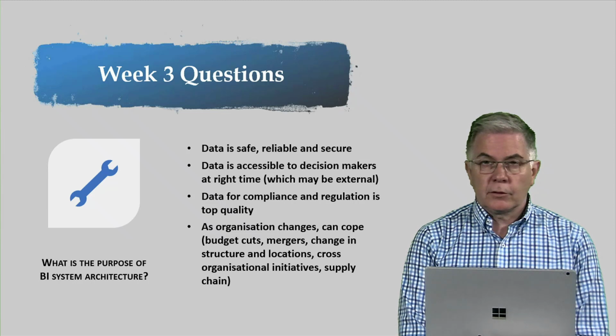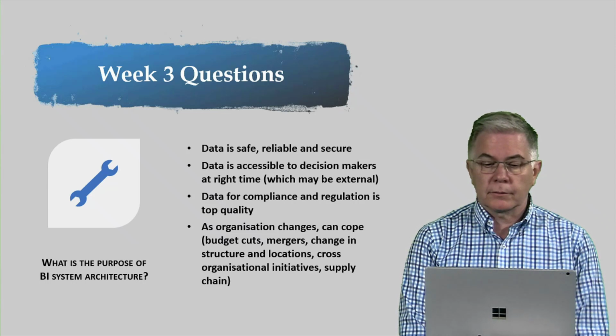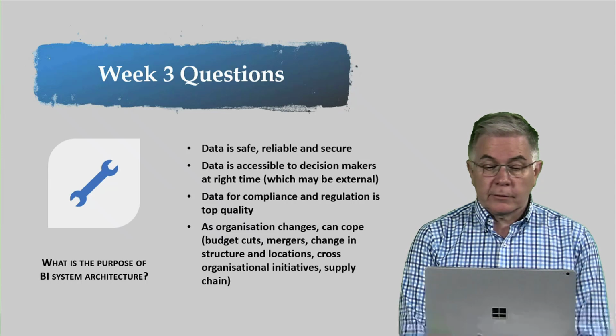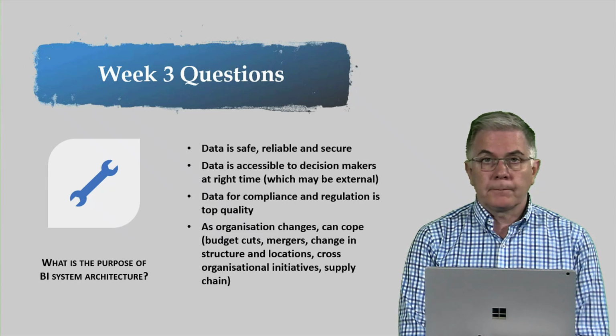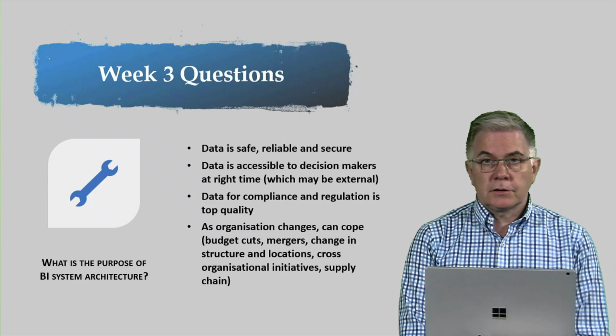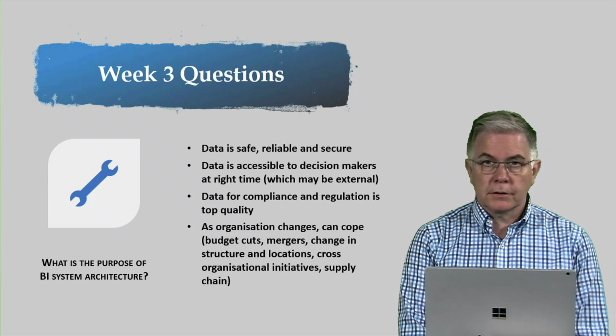Now, this may be self-evident, but as we have a look later around the issues around data quality in the course, just getting data reliable is not as easy as it always appears. Data has to be accessible to decision makers at the right time. Now, does this mean you need to have dashboards and ad hoc queries available in a mobile interface?